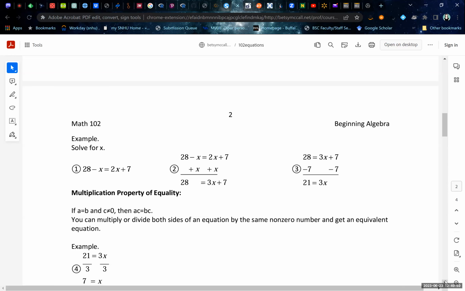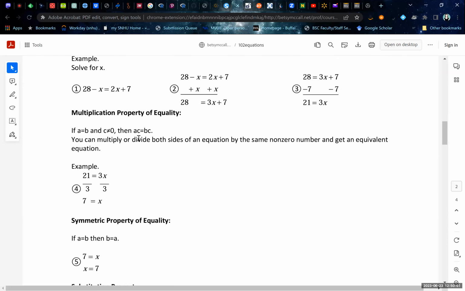The multiplication property of equality basically says that if I have an equation, I can multiply both sides of the equation by the same value. Or I can divide, as long as I'm not dividing by 0, because multiplication and division are similar operations.